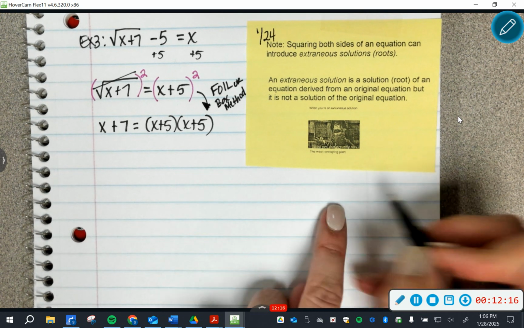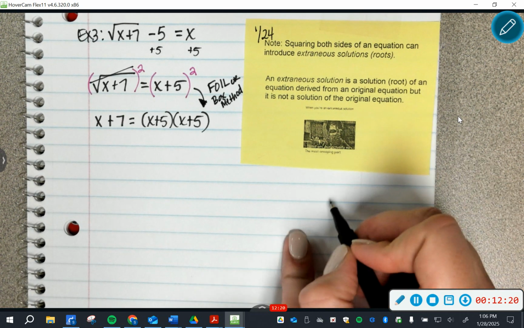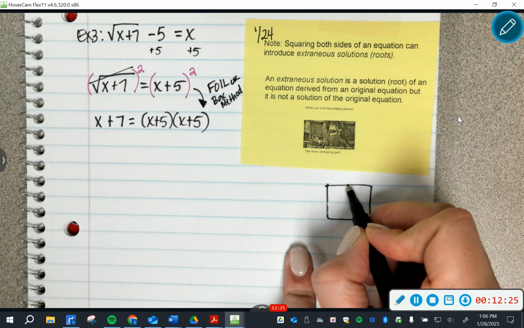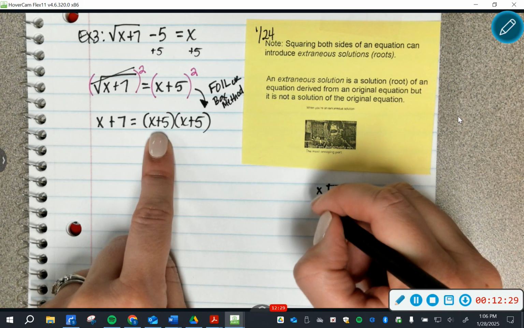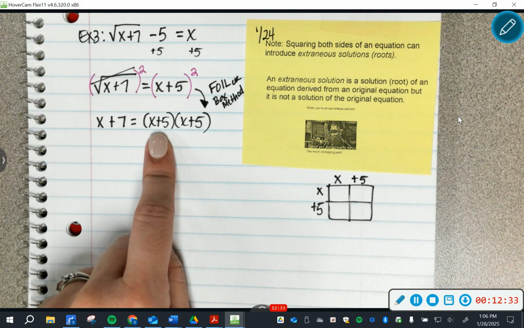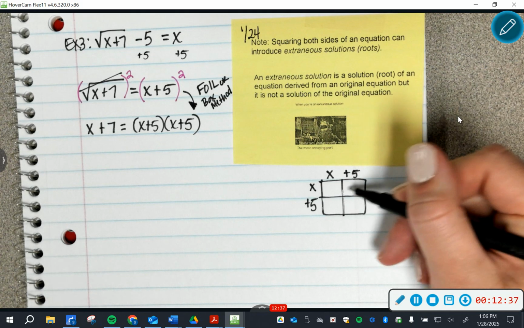So I'm going to go down, and this is kind of like aside from our work. I'm just going to go under this little thing and draw a little box to do box multiplication. So x plus 5 along the side and x plus 5 along the top. Remember this? Punnett square. We multiply to fill in the boxes.